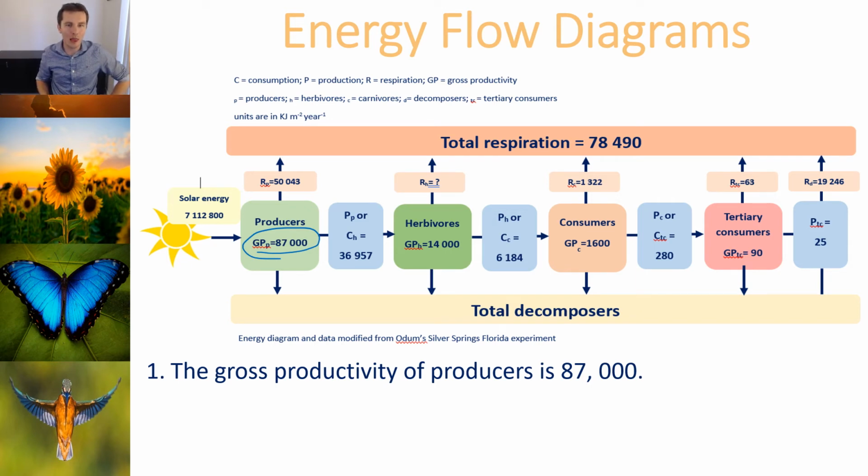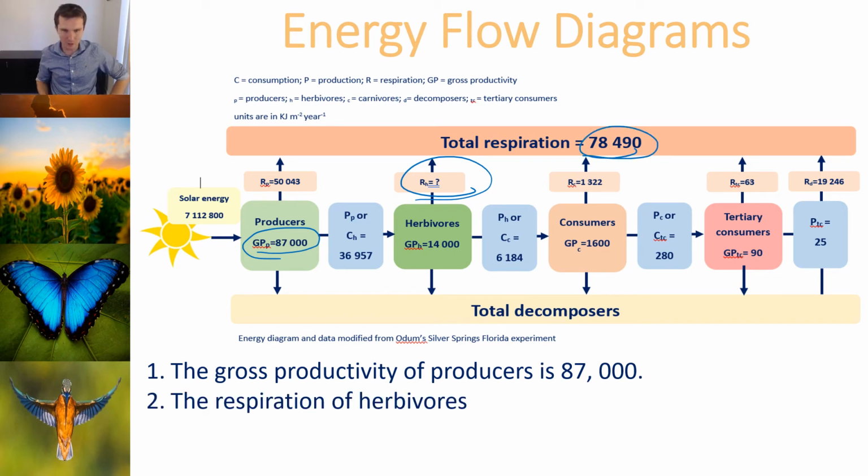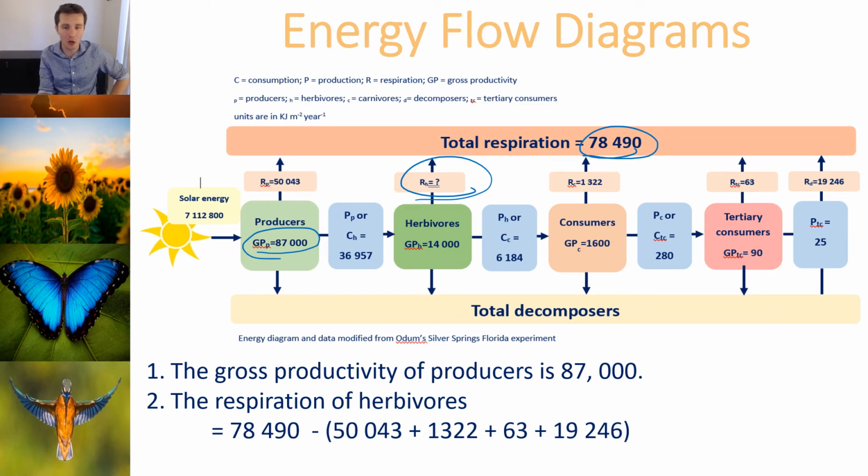Number 2, well, that was looking at the amount of respiration by the herbivores. To calculate that, you've got your total respiration and you have how much these other ones are. If you do some maths, the respiration of herbivores will equal 78,000 minus the total, which will leave you with a value of 7,816 to represent the amount of respiration of the herbivores.